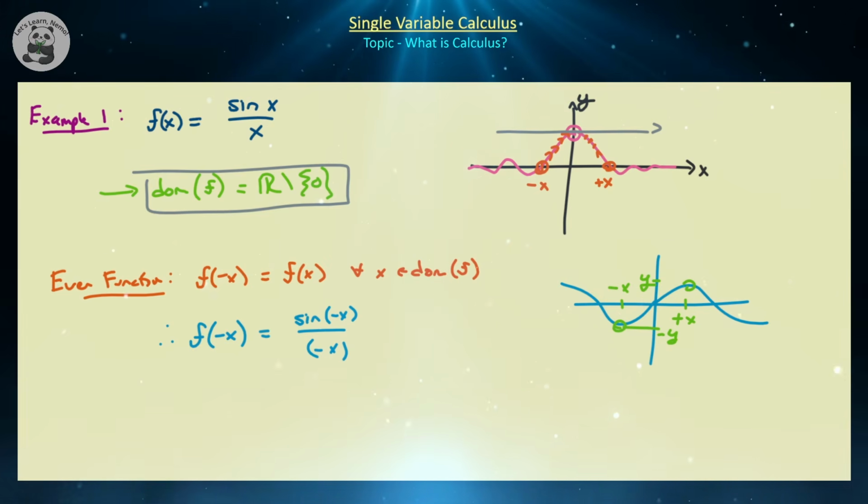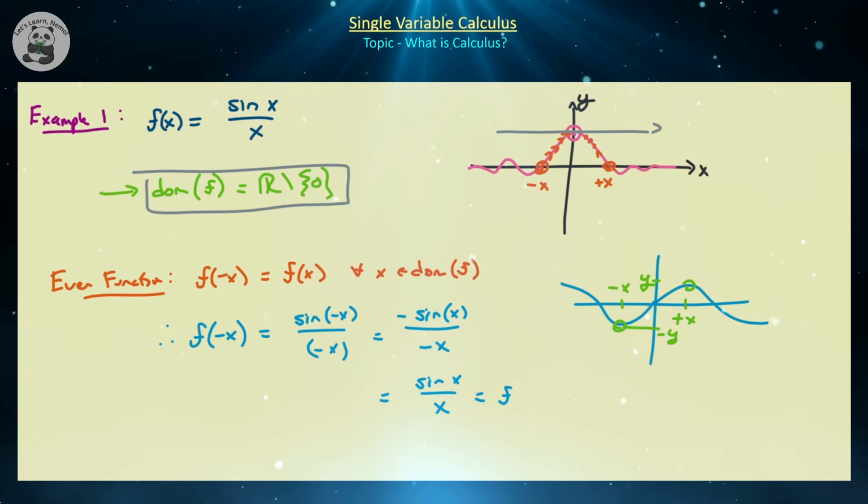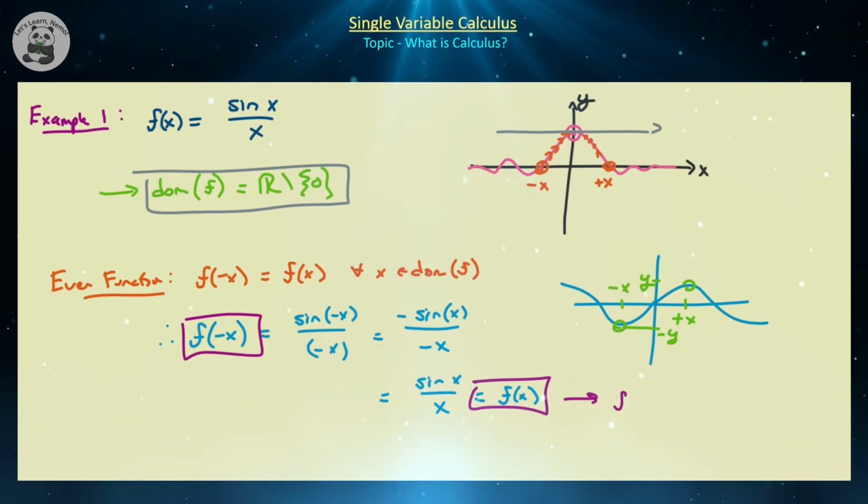So the sine of minus x is equal to the opposite of the sine of positive x, and the denominator is minus x. But these two negatives cancel when we divide, so this is equal to the sine of x divided by x, which is the definition of f of x. So regardless of the x value we choose, f of minus x is equal to f of x, implying that f is an even function.